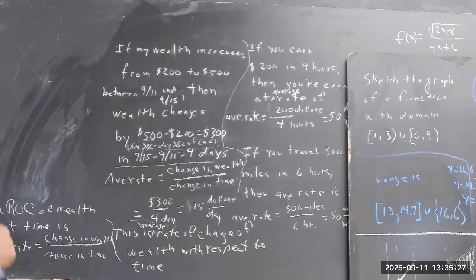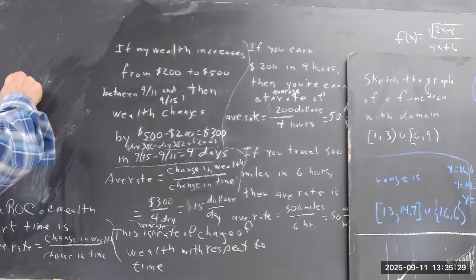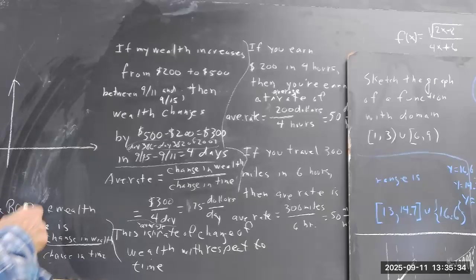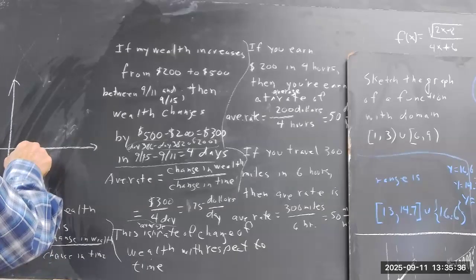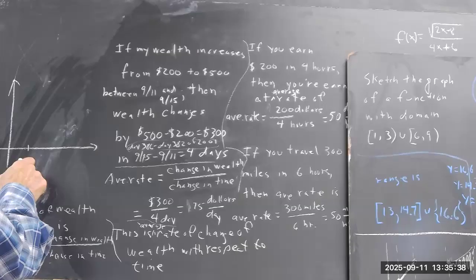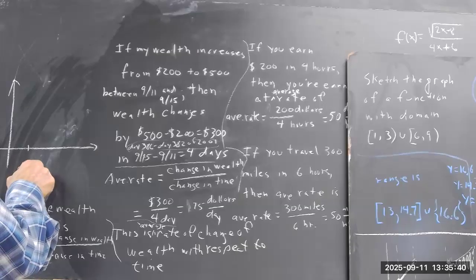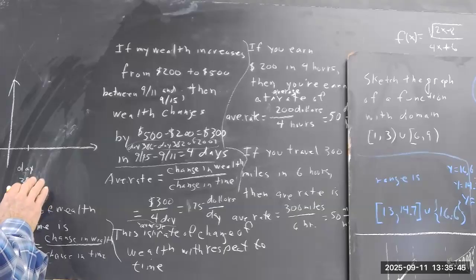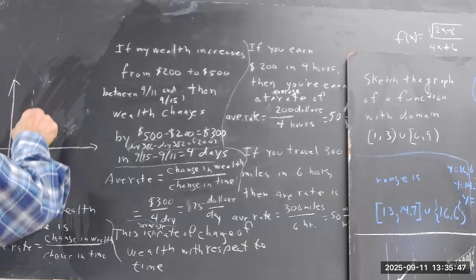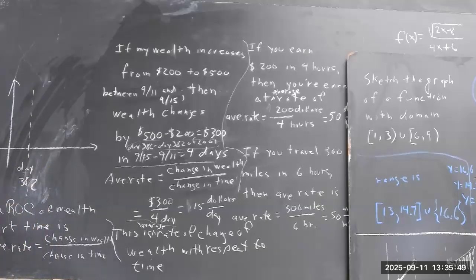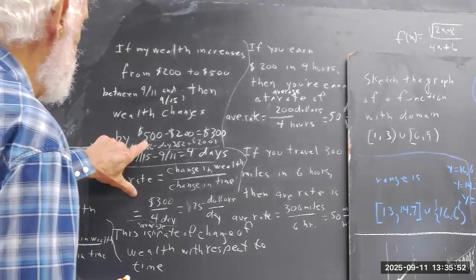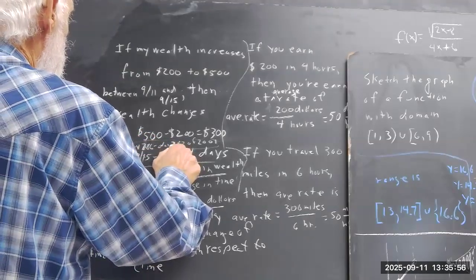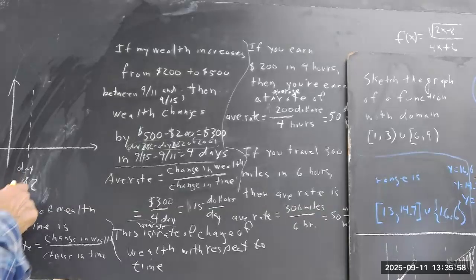If I have a graph, and this is day 282, if I'm right about the, it's not 382, it's 282. Did I say 3? 282.